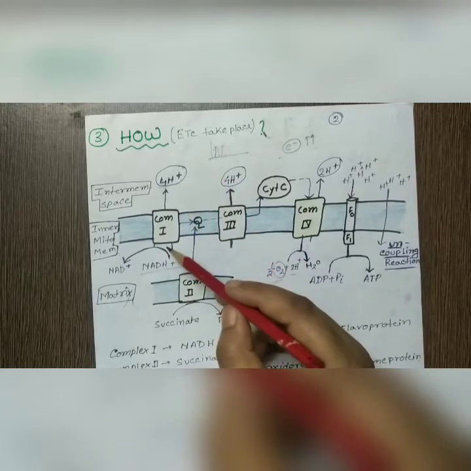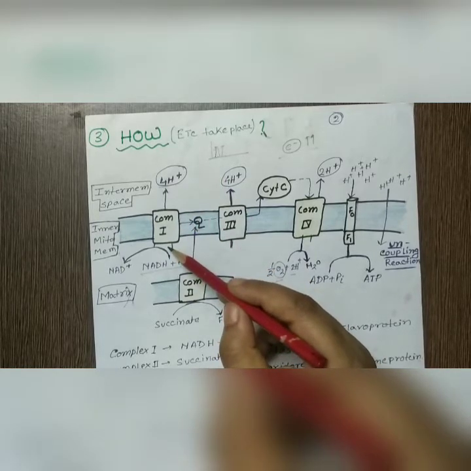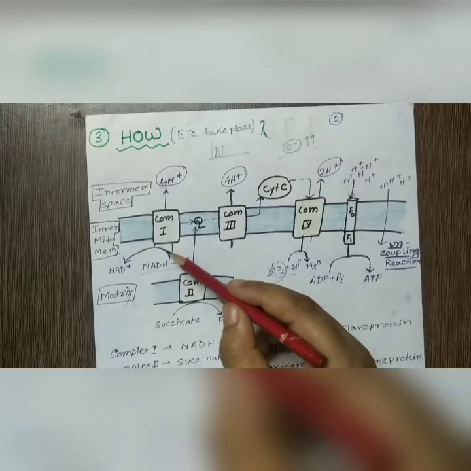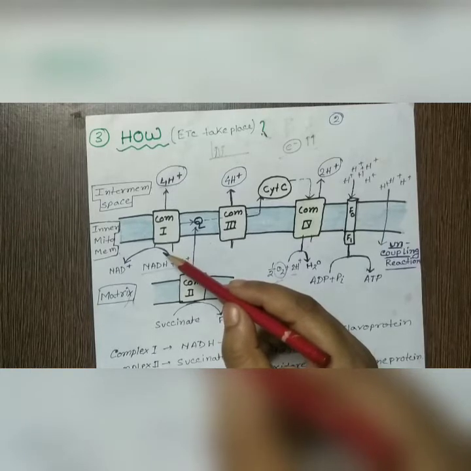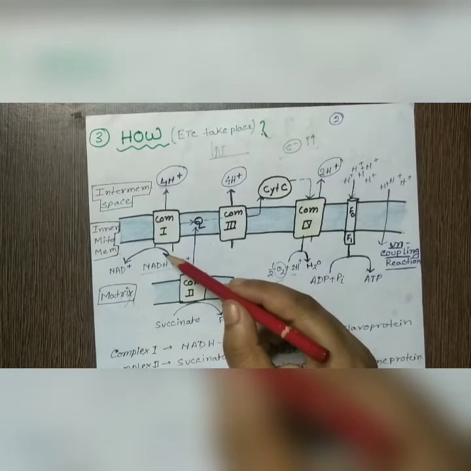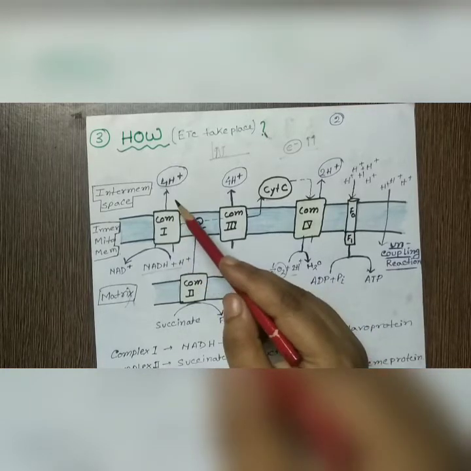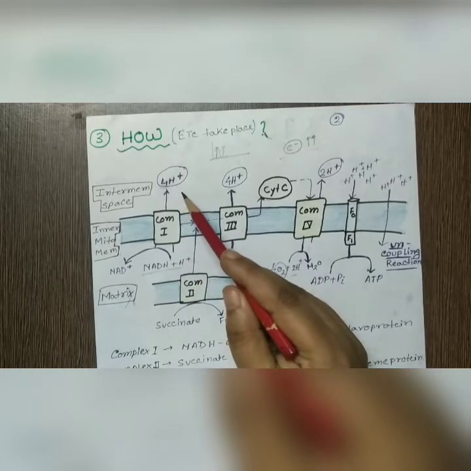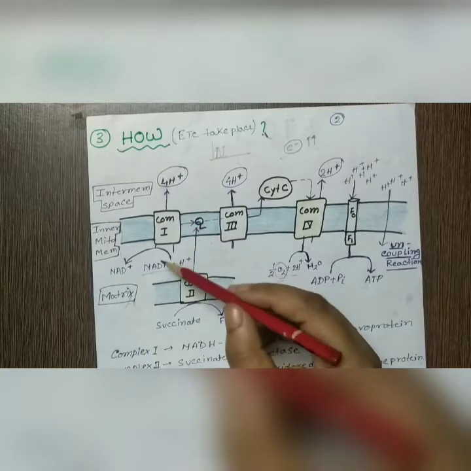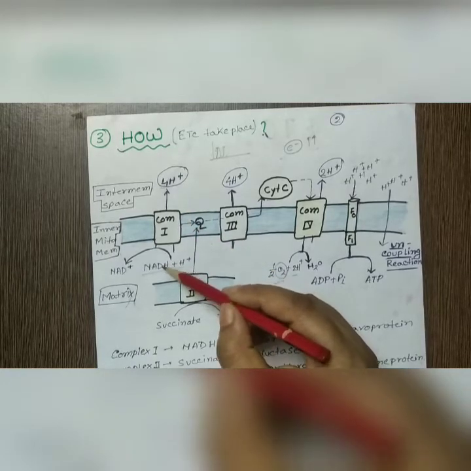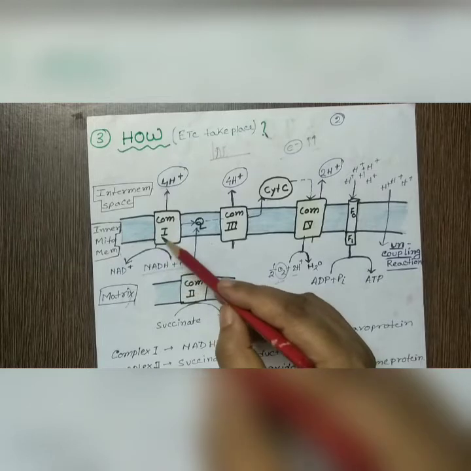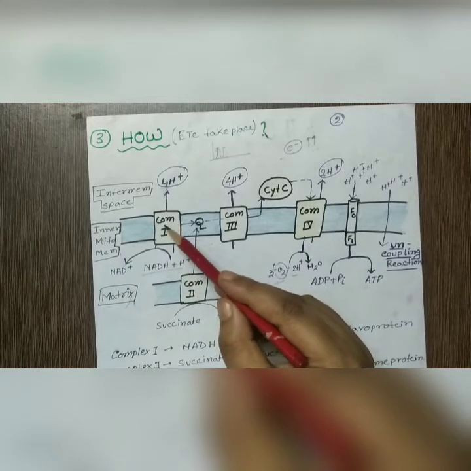What does this extra amount of energy do? This extra amount of energy extracts protons from the matrix toward the intermembrane space. Okay, so this substrate comes and hands over its electron to complex first.